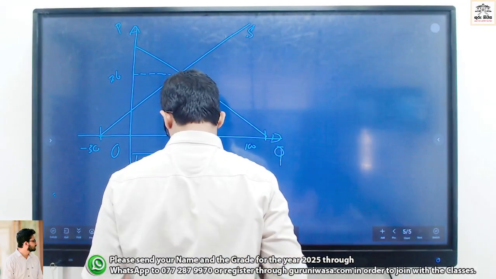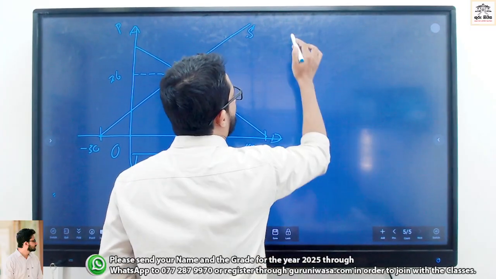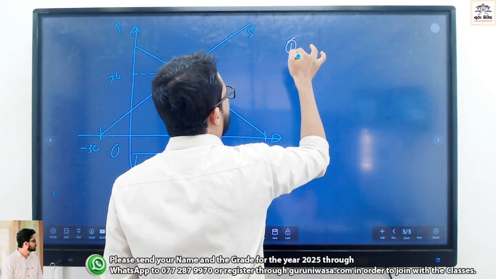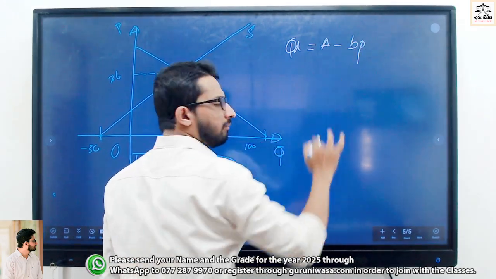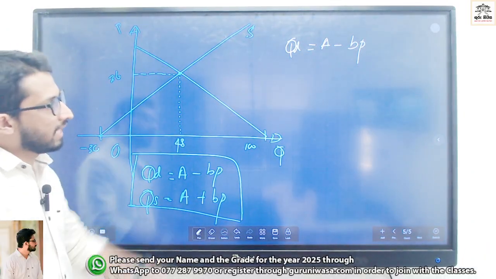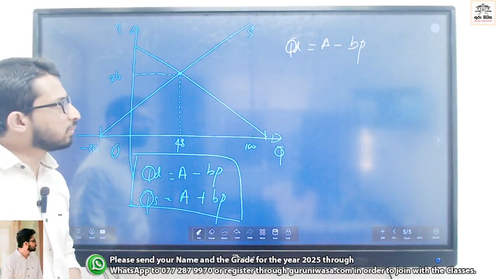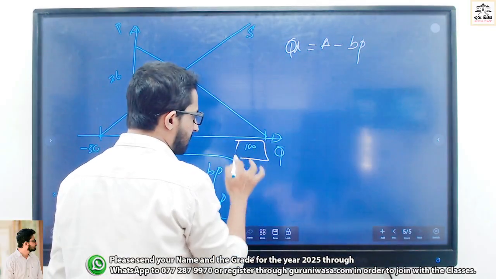Right, for example, QD equals A minus BP. Here the intercept is A, and there is no need to calculate the value of A. Why? The intercept is given straight away.